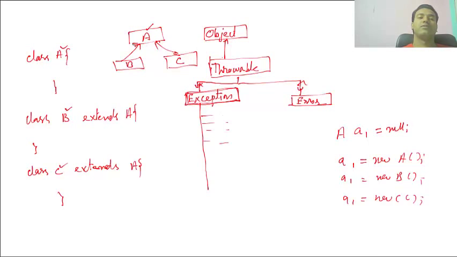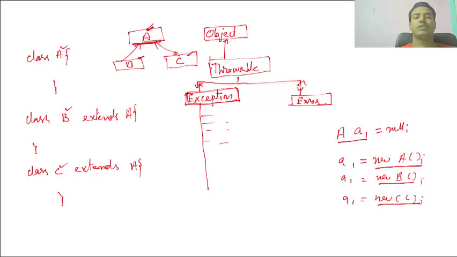Means a super type reference variable can have an object of the current type only, or it can have an object of any subtype, right?